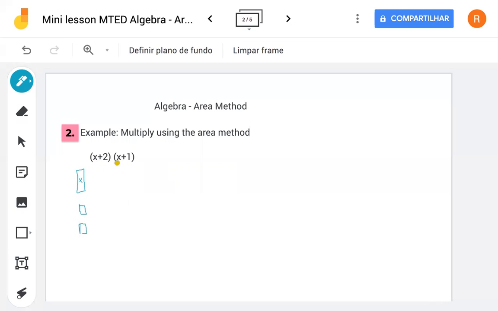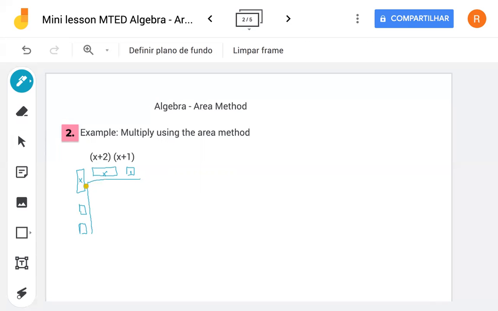Let's also represent x plus 1 here on the top. So let's put x here and a little box here to represent 1. To multiply, we need to multiply the length times the width.